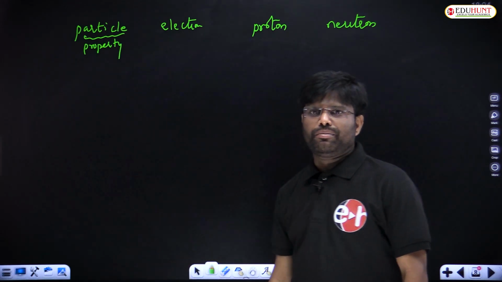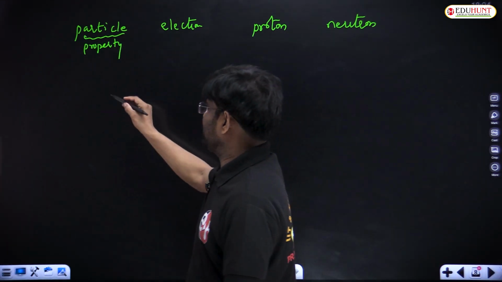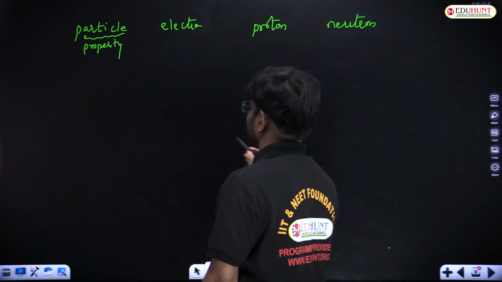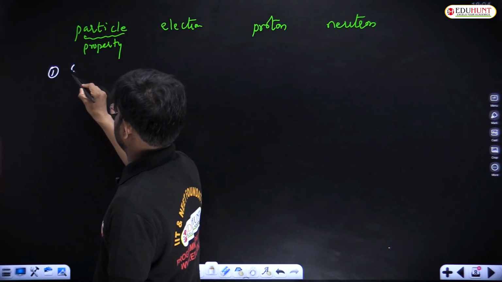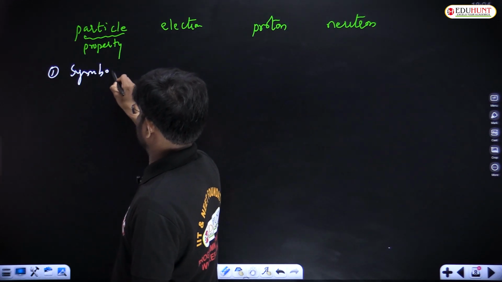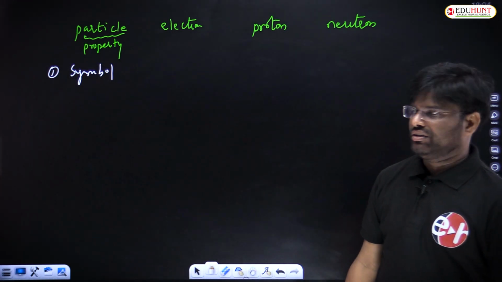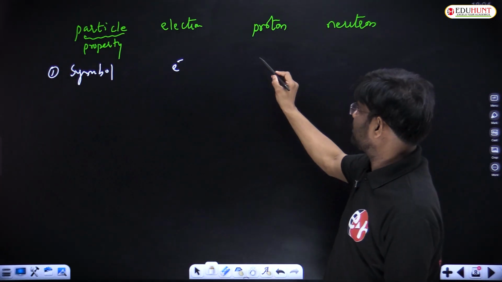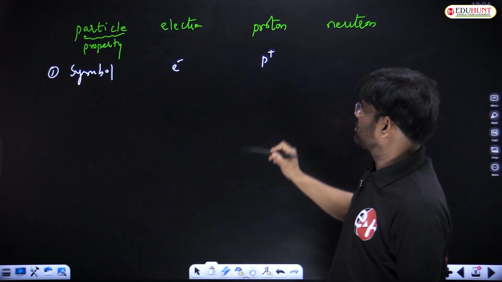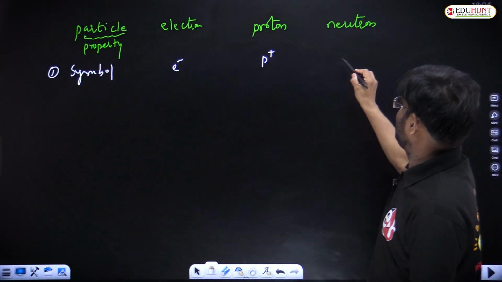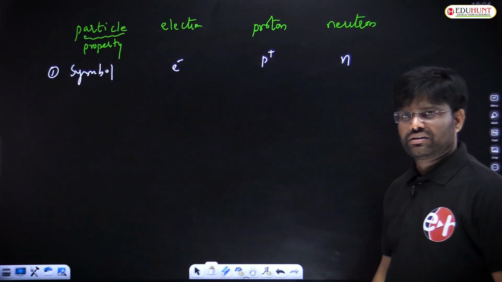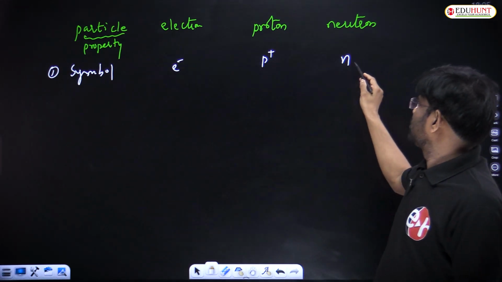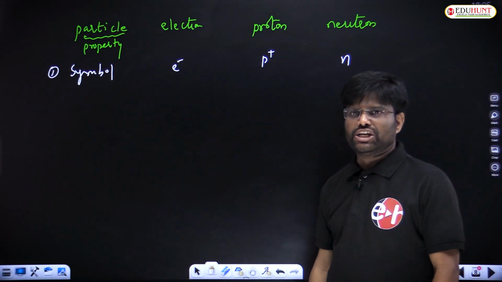First property is the representation, that is symbol. Electron symbol is just e minus. The proton symbol is p plus, or p also you can write. Neutron symbol n. Electron charge is negative, proton charge positive. Neutron is neutral, no charge.